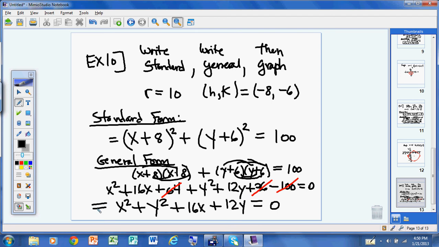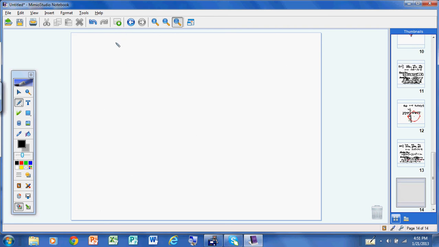And then finally we just need to graph it using the information. We're going to graph, again, our radius was 10. They'll probably use twos, count by twos with this one, just to make it easier to graph, so pay attention to that.